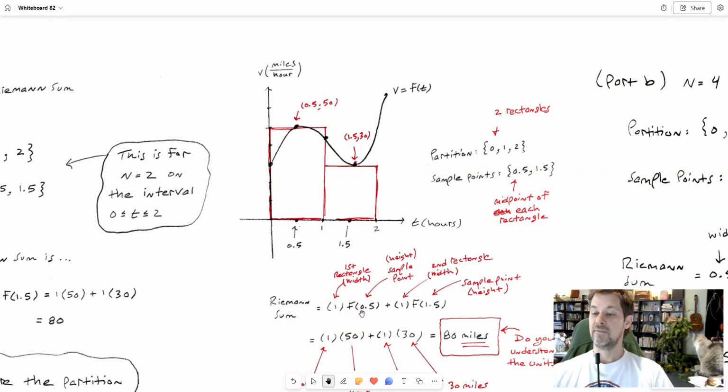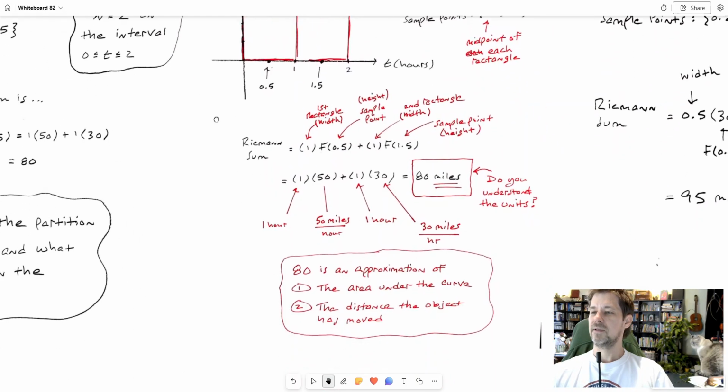It's the function value at 0.5, which is 50. So that's how tall that first rectangle is. It's 1 unit wide and 50 units tall, imposed on my curve. The second one exists from 1 to 2. Sample point for it, 1.5, right there at the midpoint. How tall is it? Well, what does 1.5 give you on the curve? It's 30, so that's the height of the second one.